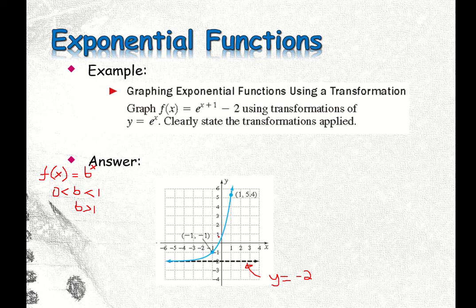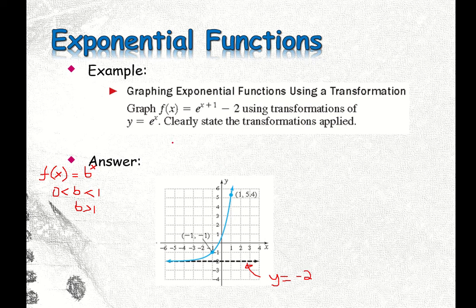But this time, since this is shifted down 2 units and 1 unit left, the coordinates of this point now are negative 1 and negative 1. Okay, so this is how to graph the function using the transformation technique. And you can check this by tabulating values for x and f of x, the same as in the previous example, and then plot the points and you will really see this graph. But if you know the transformation technique, everything will be done faster.